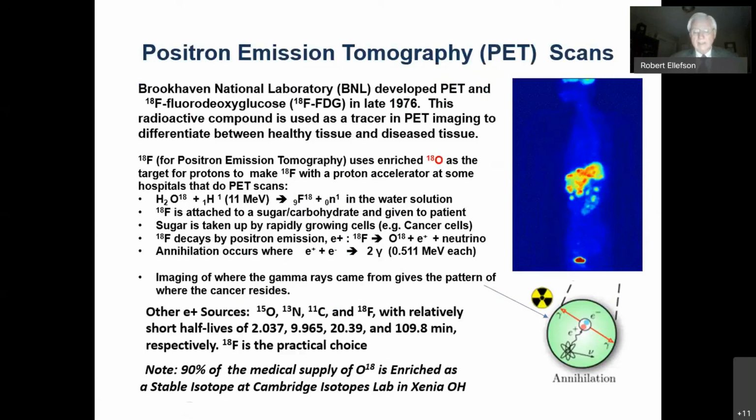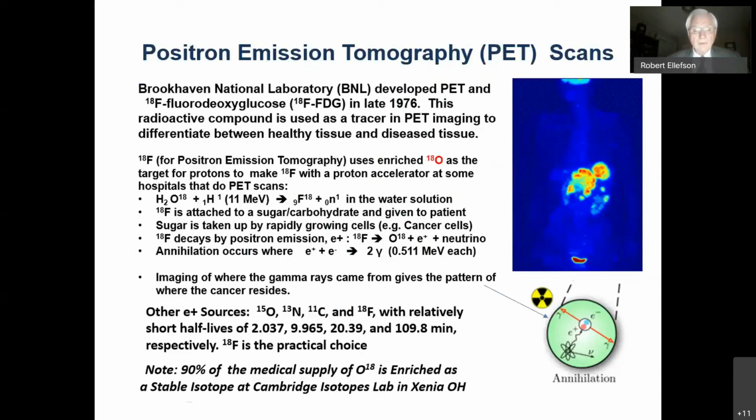The result is two gamma rays ejected directly opposite each other, 180 degrees apart. This is so that the net momentum of the process is zero, which is basically what it was when the positron and electron wandered into each other. So this annihilation generates two half-MeV gamma rays that come out 180 degrees apart.